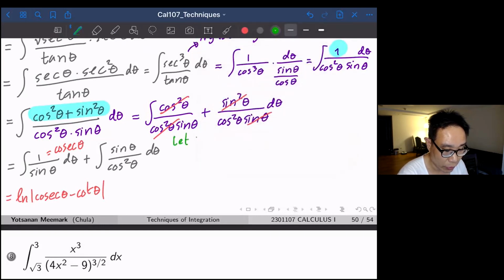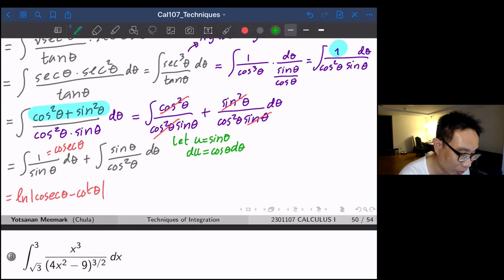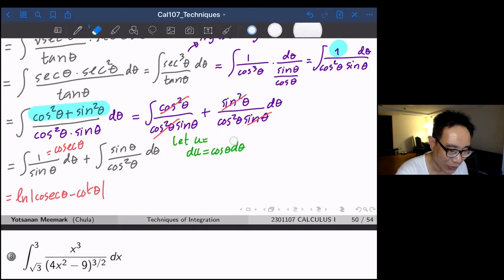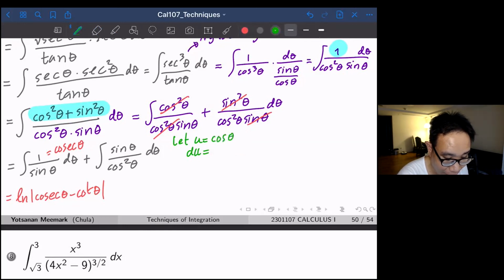You would let u equal to cos theta, and du is negative sine theta d theta. Sorry, I told you the opposite earlier.